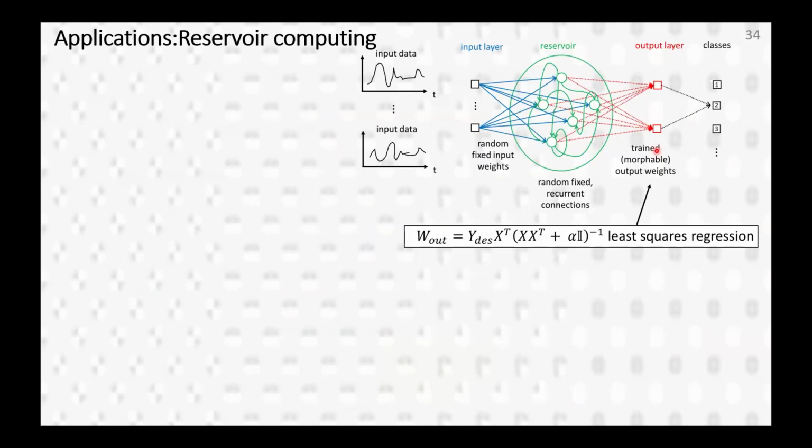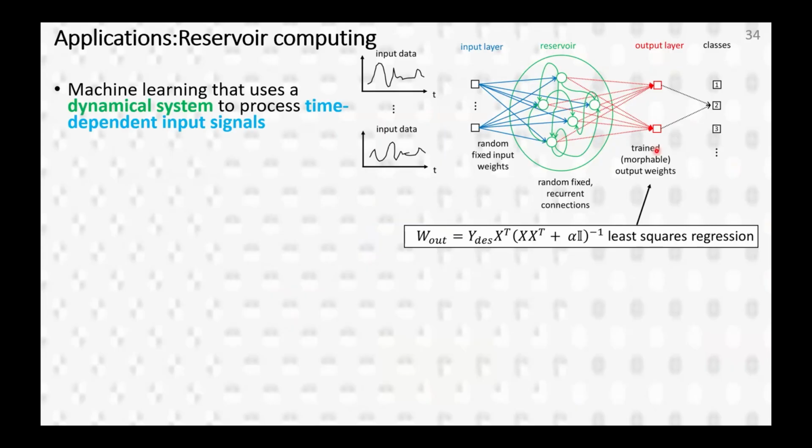Okay, so reservoir computing is a kind of machine learning technique. It uses a dynamical system to process time-dependent input signals. Basically you feed some input into a nonlinear system, you then change this nonlinear system, and then you get an output.